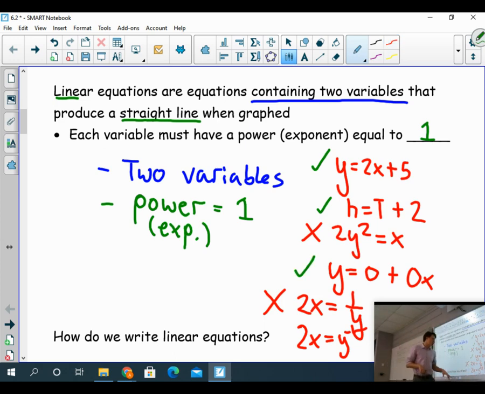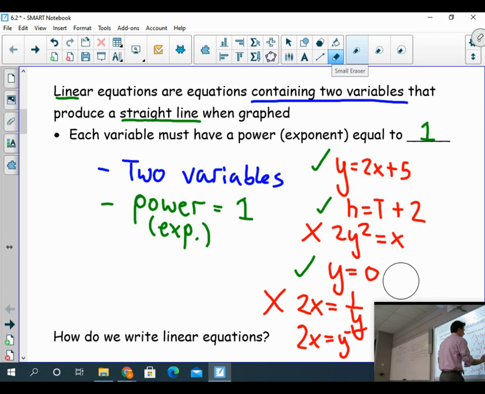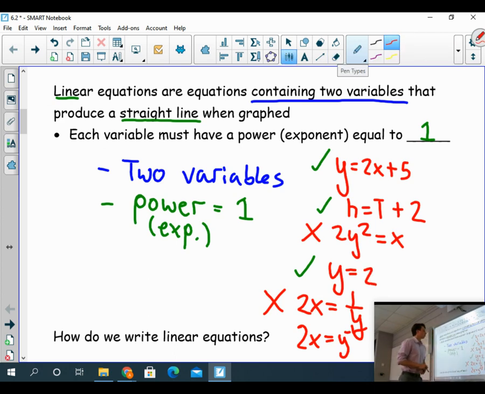Now, we typically just write y equals 0, or maybe a better example is if we think about y equals 2. So 0 does work. If we think about y equals 2, we just will say y equals 2. Even though there really is an x here, there are just 0 present.